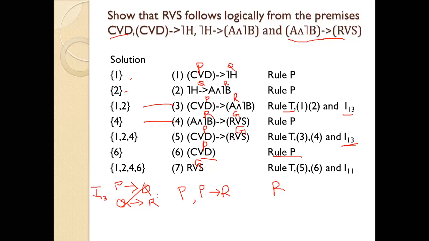So what are we left with? R or S. So this is our R or S, which is our conclusion. So this is a logically true conclusion from the premises 1, 2, 3 and 4.